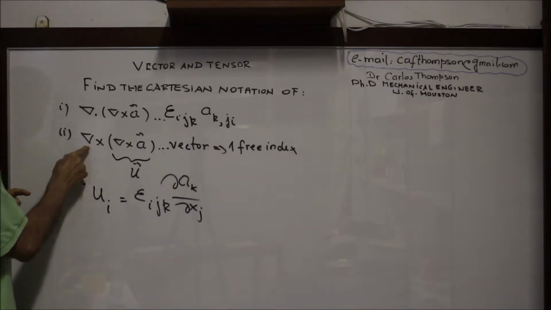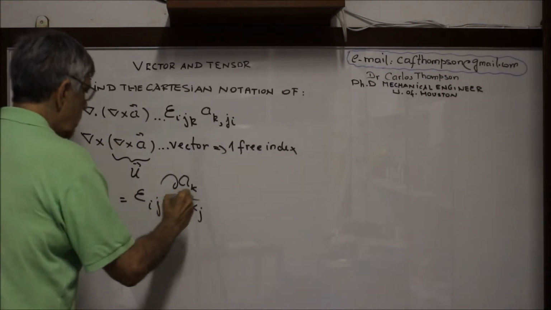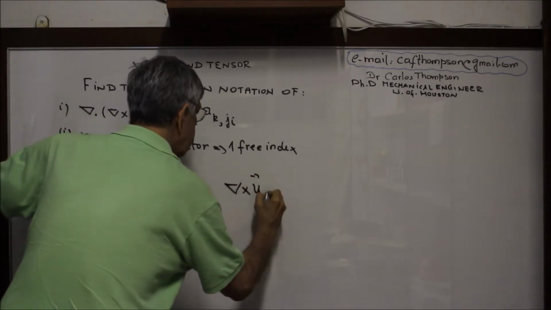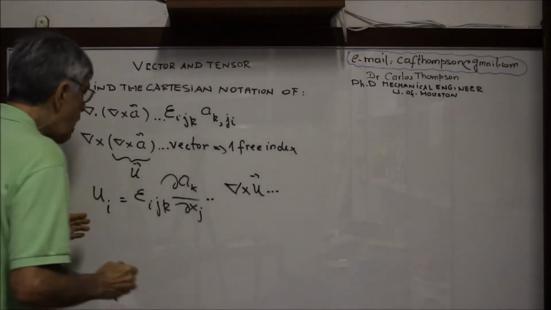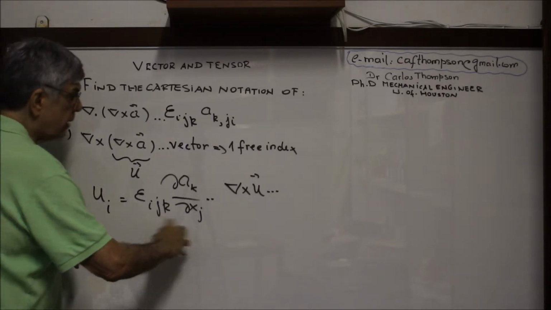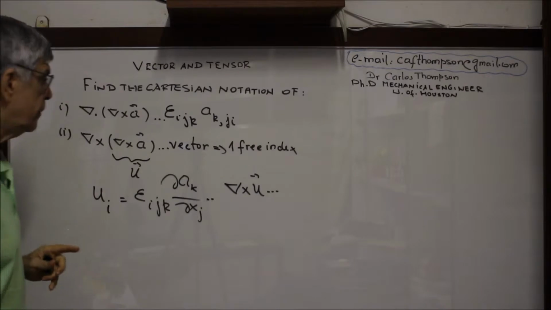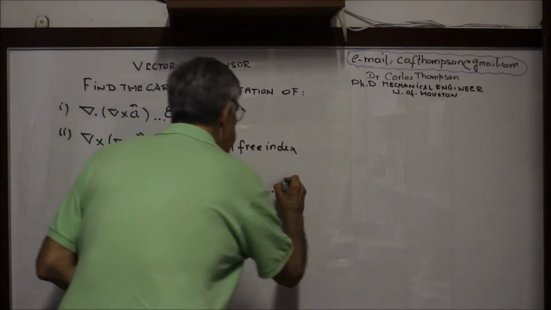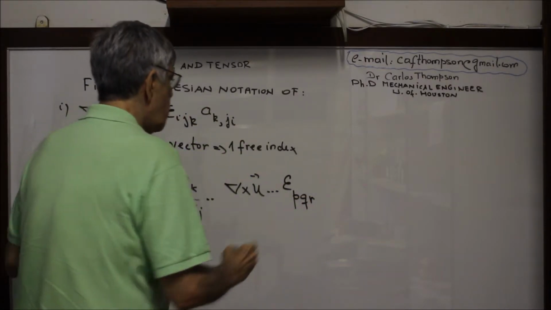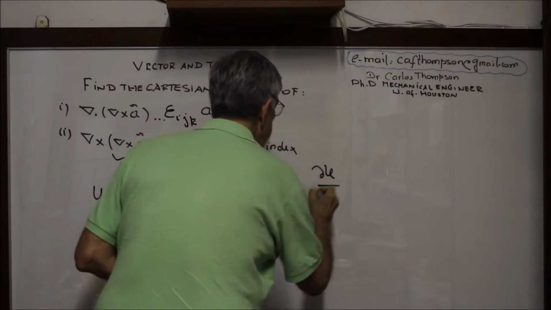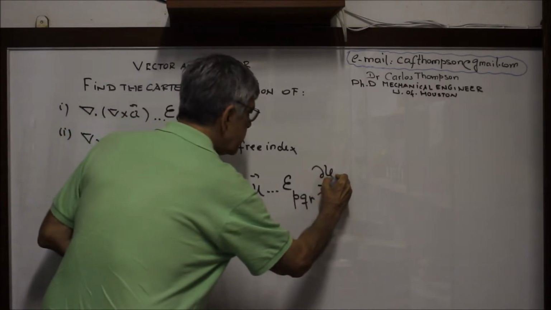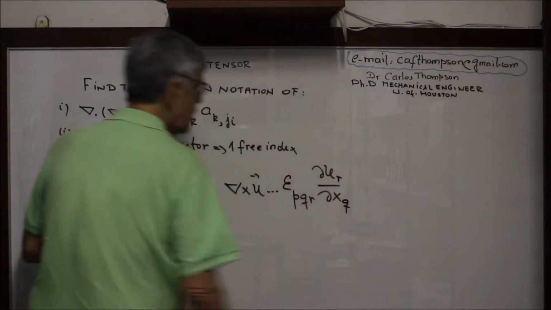Now, let's develop the rotational of U. I always recommend you to use different letters when you write here. Now, the rotational of U, let's put epsilon pqr, partial of U with respect to x. Do you remember? R comes here and k comes there.